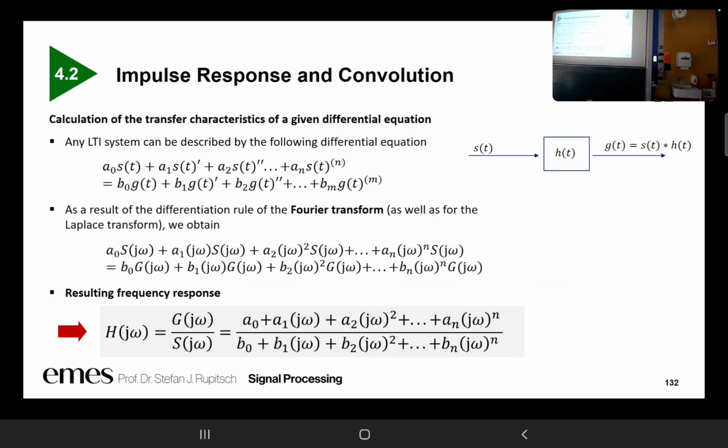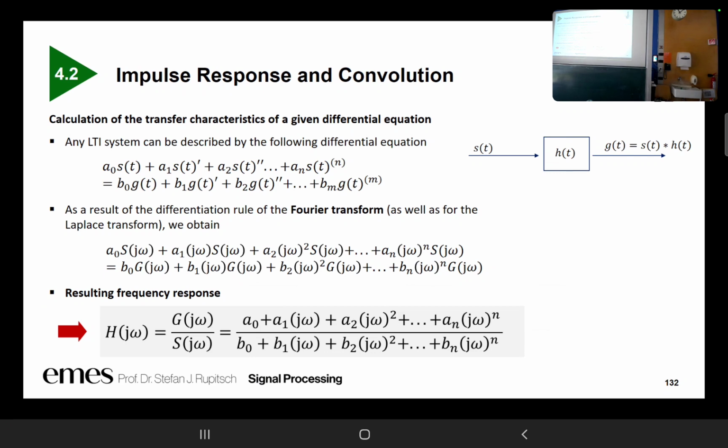We have the input signal and the scaled versions of its derivatives, scaling is done by A0, A1, and so on, and also the output and scaled versions of its derivatives. We can transform this differential equation directly into the frequency domain.